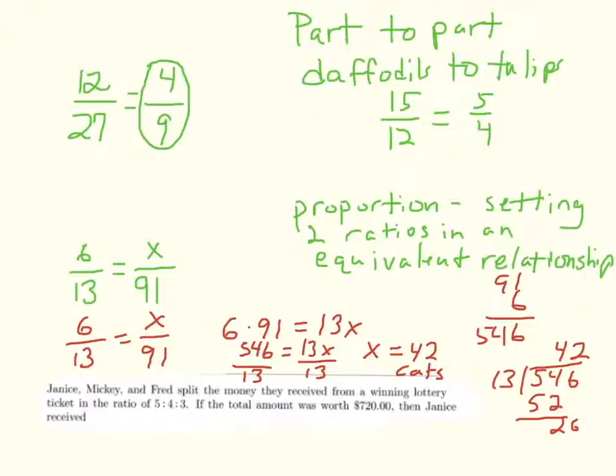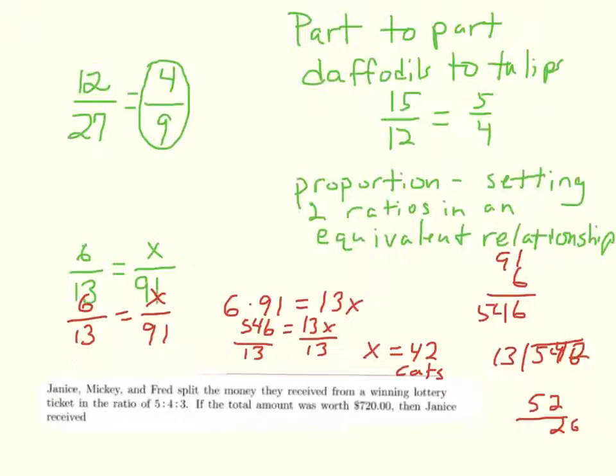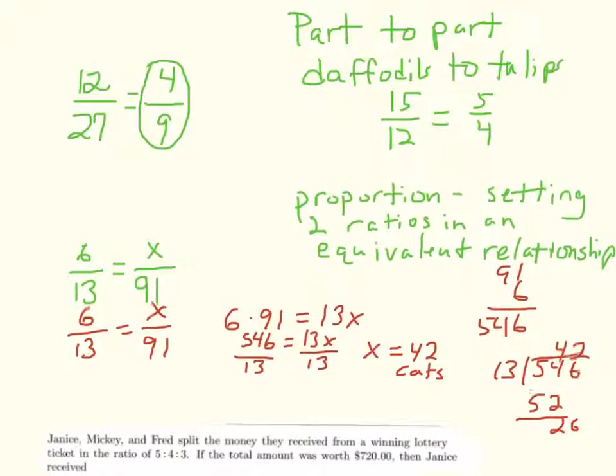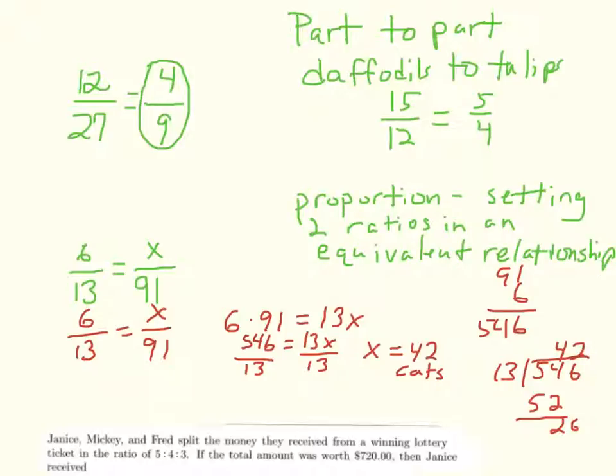And the other way you can do it is you can set this ratio up where I have 6 over 13 as x is to 91.